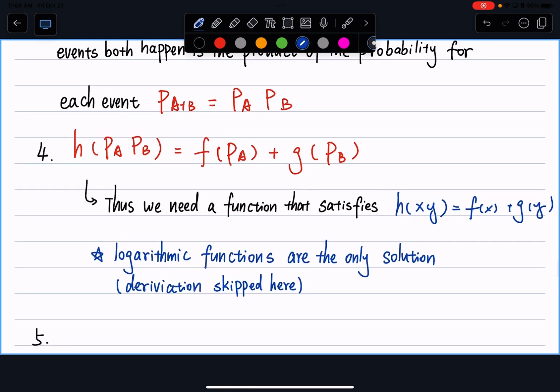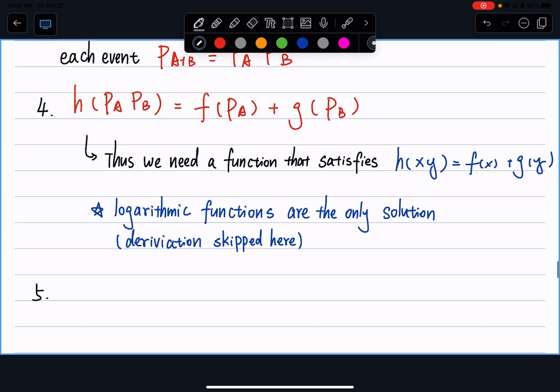All right, so what that means is you can write the entropy S as some constant K times the natural log of probability plus A, where A and K are constants.